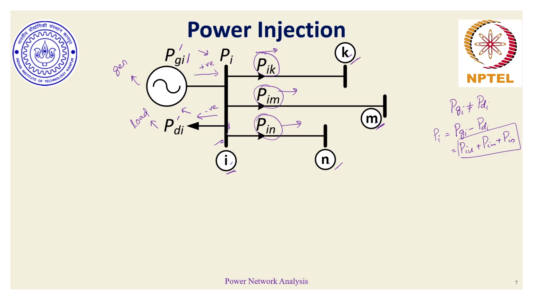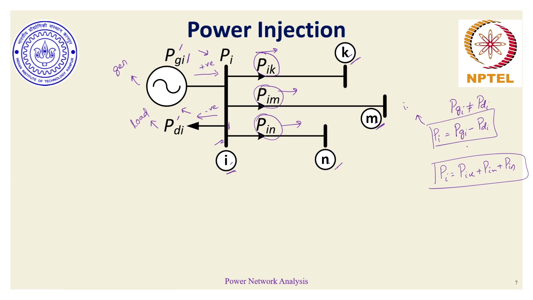So as per the notation or thought process of solving power flow equations, Pi is always equal to PGi minus PDi. By solving power flow, we are ensuring that Pi becomes equal to Pik plus Pim plus Pin. So if I were to simplify this, there are two boxes which I am marking. This is inherently true. Nothing needs to be done exclusively before solving power flow.